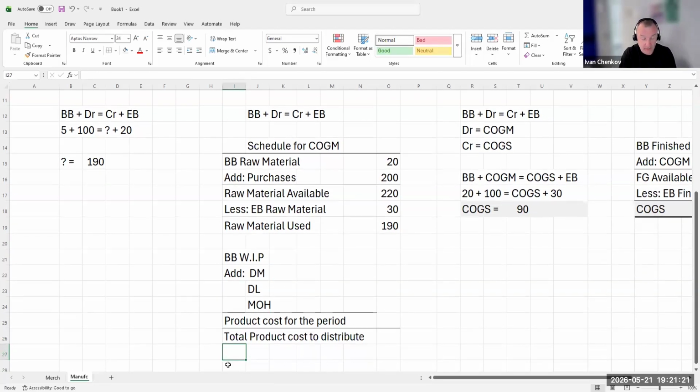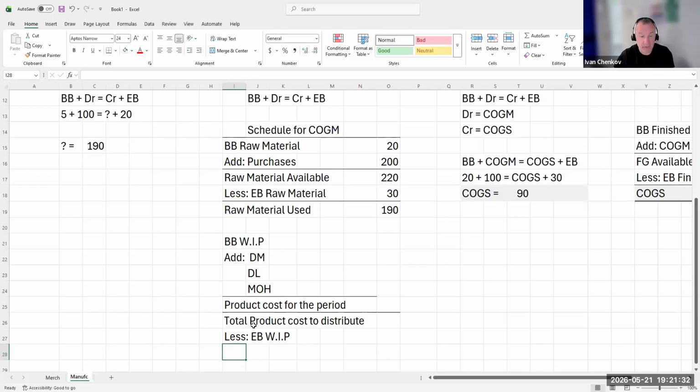Then we're going to deduct the ending balance of the work in process account, and then we're going to get cost of goods manufactured.